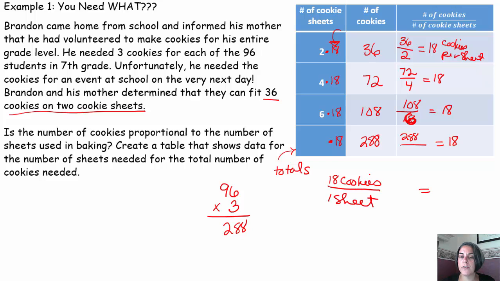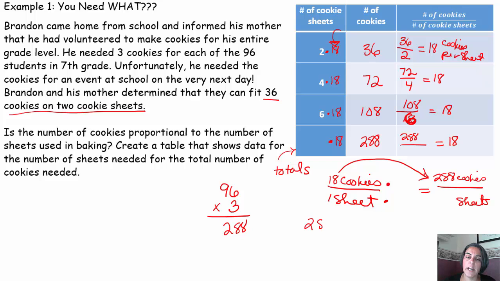I also know we need a total of 288 cookies. So the question is, how many sheets? And here I would be doing 18 times what is 288. Once I know that value, I'll multiply top and bottom by that same value. If you're not sure 18 times what is 288, I can easily divide 288 divided by 18.